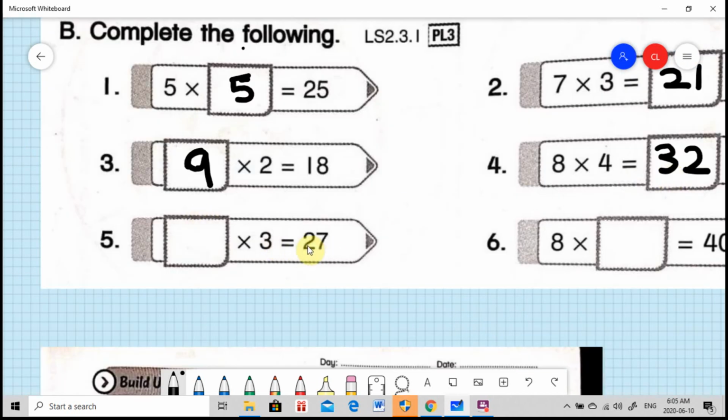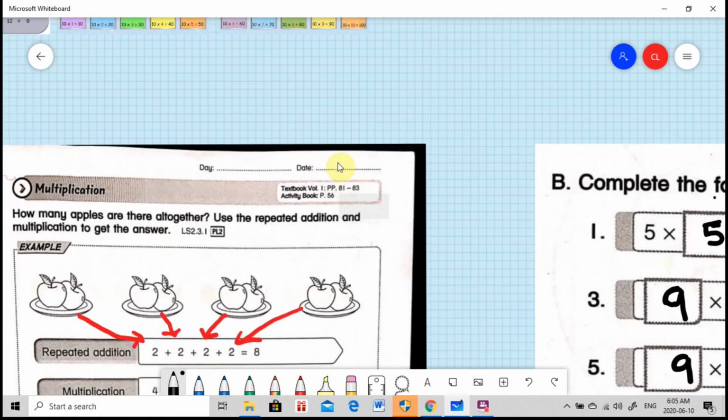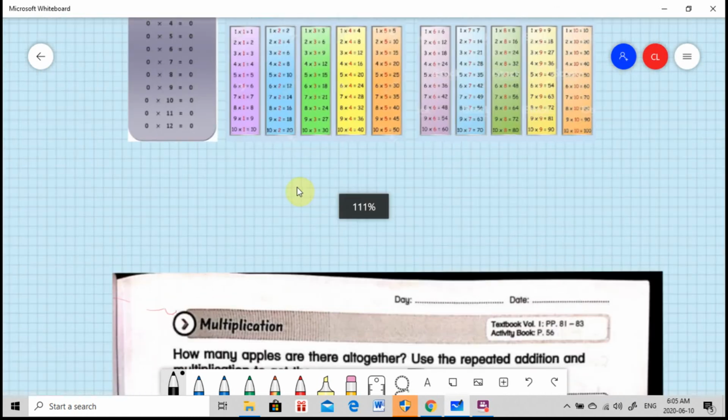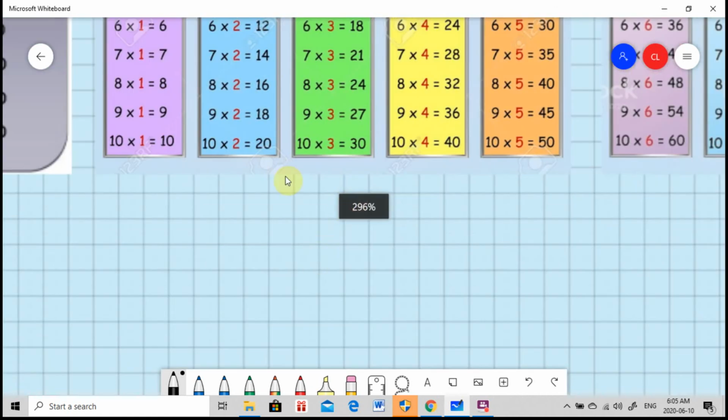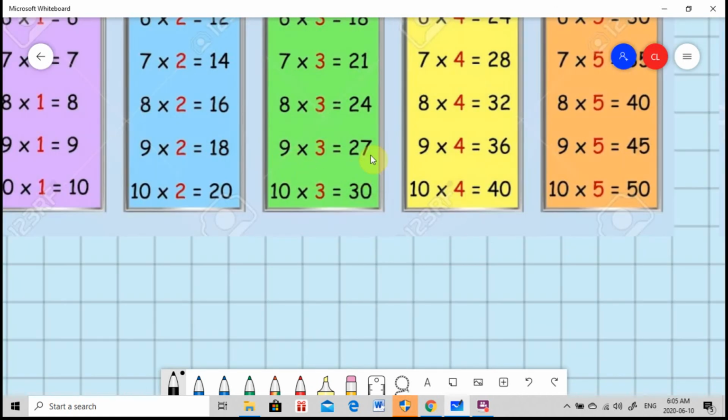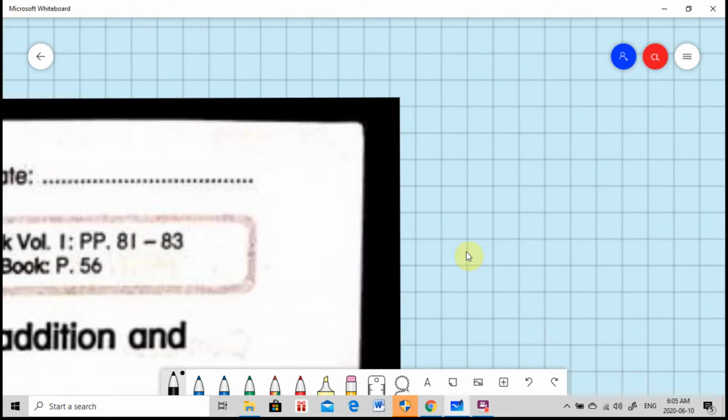What about this? 9 times 3. So we have 9 times 3 equals 27. Right? Again, we can check using the table. So it's over here, right? 9 times 3 equals 27. Okay.